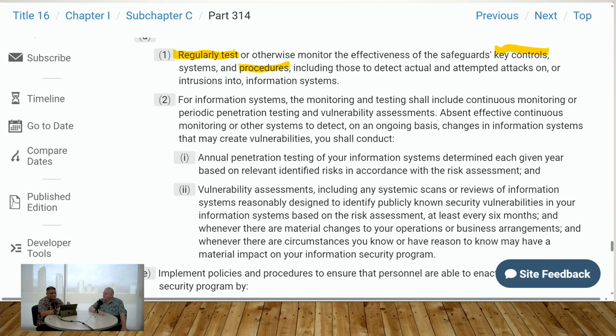Here it says specifically that you shall include continuous monitoring, or periodic penetration testing and vulnerability assessments. So that's a lot, and from my experience talking to different prospects and clients, this is one thing that rings the bell on their end because that sounds expensive.